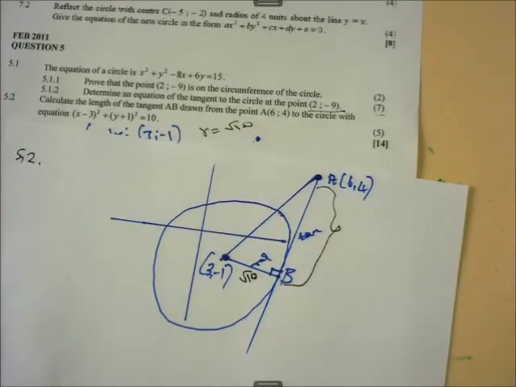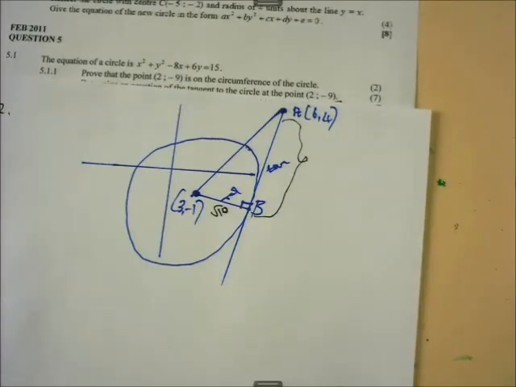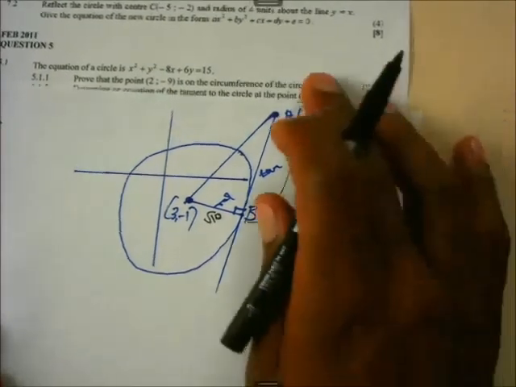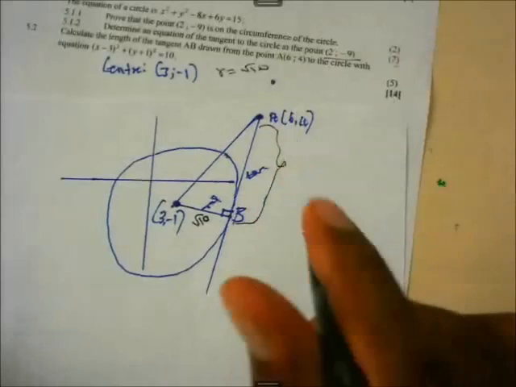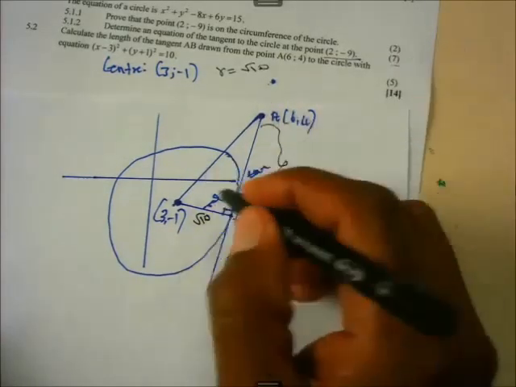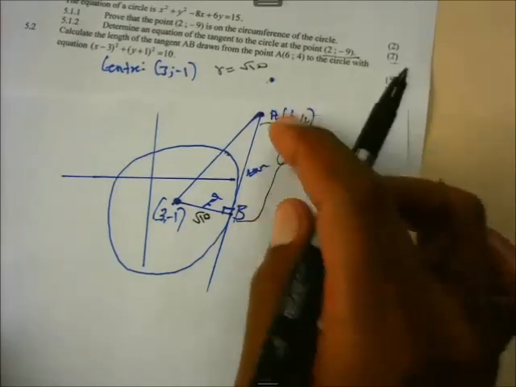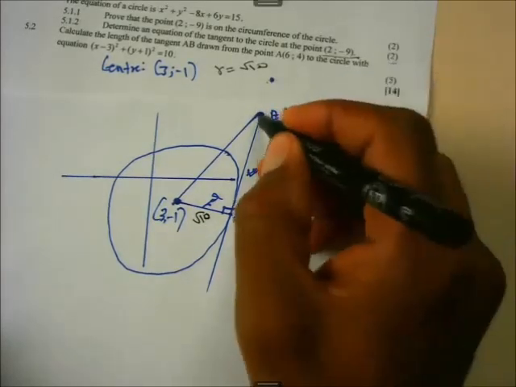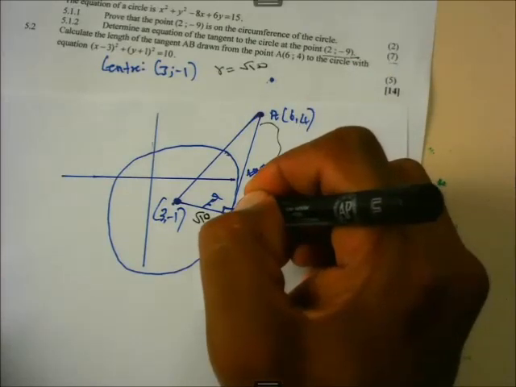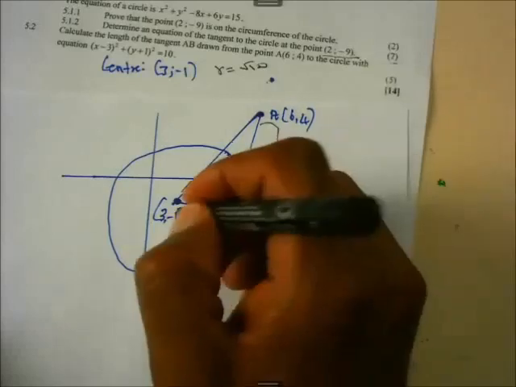Right, what is it that you're going to do here? The first thing that I've identified is the triangle that we see here. That is a right angle triangle. Then I need one side so that at least I can use the Pythagoras theorem to find the distance AB. I don't know the coordinates of B, but I have the coordinates of A as well as the coordinates of the center.